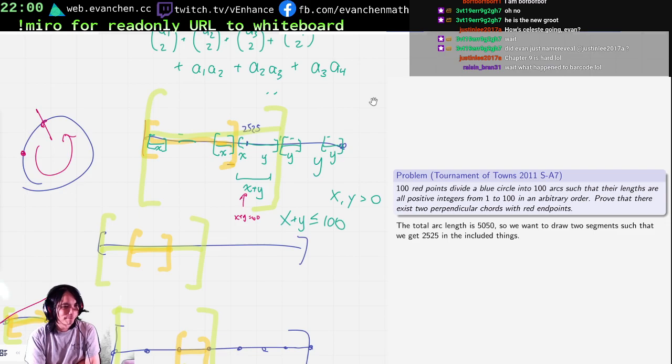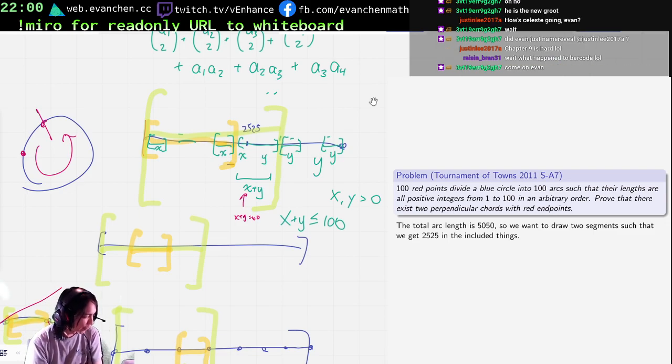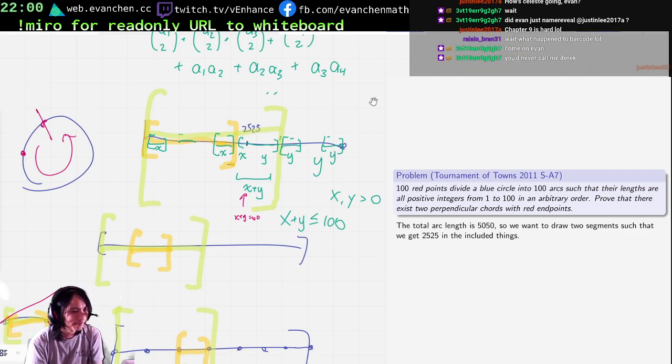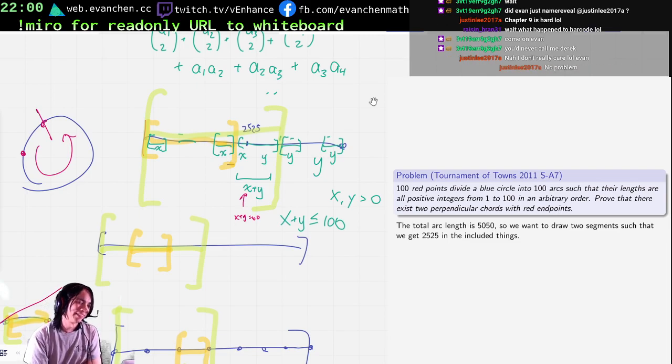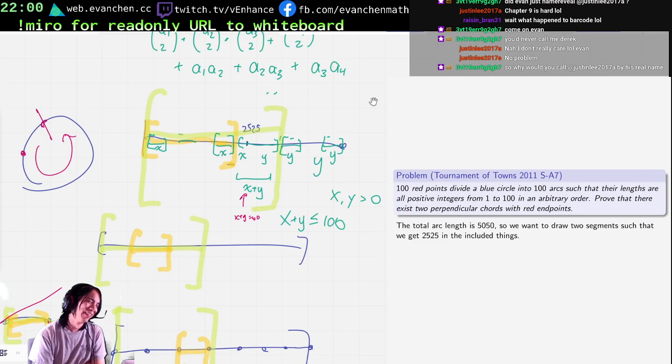This one case. I really want x equals y, because if x equals y, you're also fine. But I don't know if I'm gonna force that.